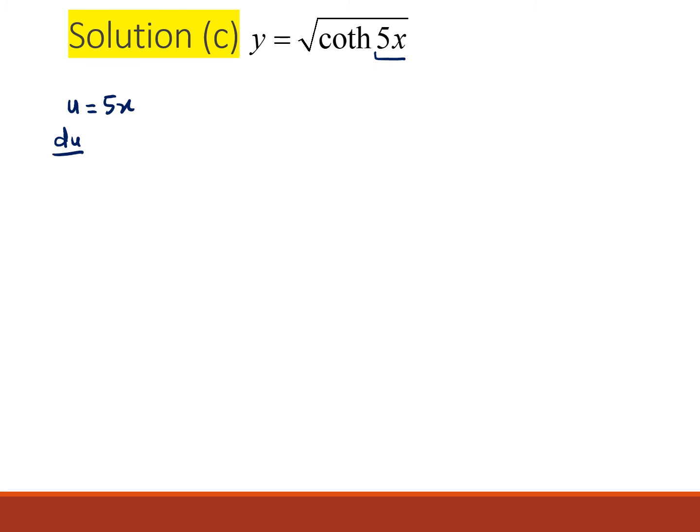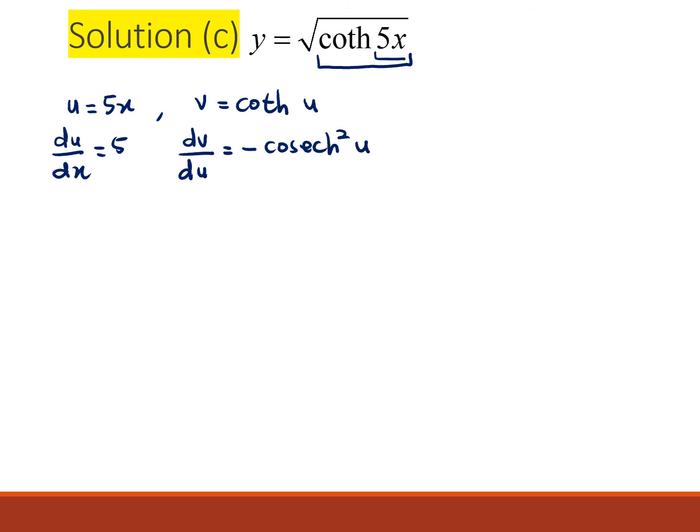So du over dx is equal to 5. And then we have v, which is equal to cotangent hyperbolic of 5x, which is u. So dv over du is negative cosecant hyperbolic square u. So you can refer to the table given to find the derivative of the hyperbolic function.